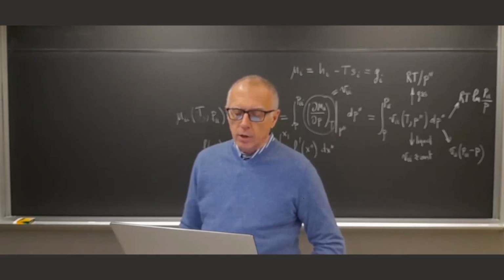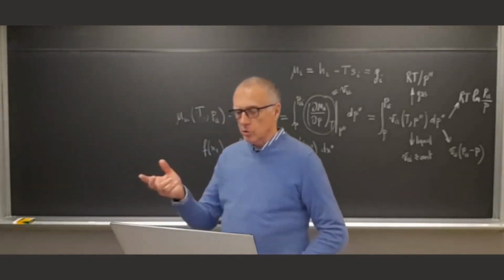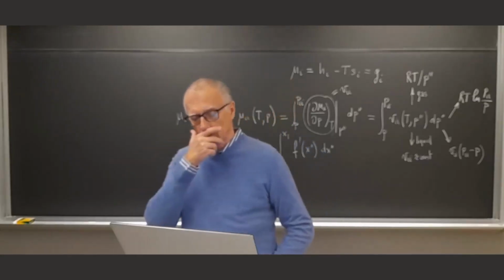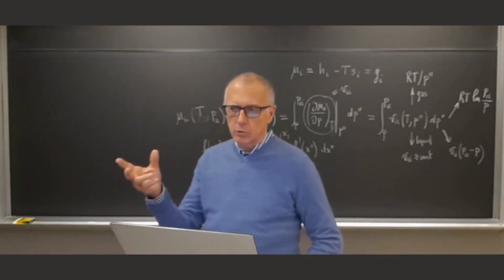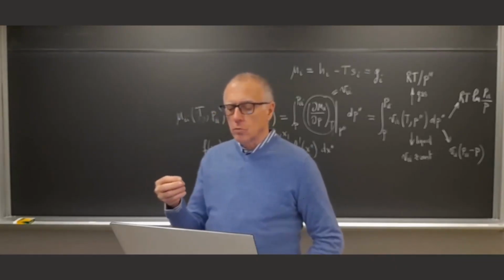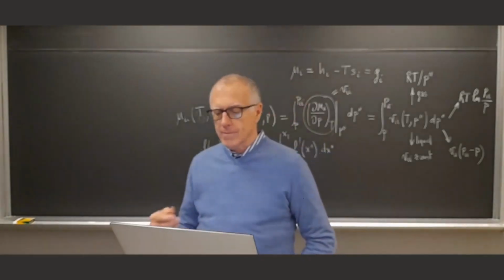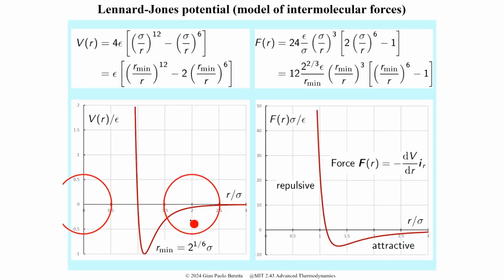So most of the time molecules are running around in their Brownian motion, in which they have some kinetic energy due to the velocity they have, and they also have this potential energy. Some of that kinetic energy gets transformed into potential energy.